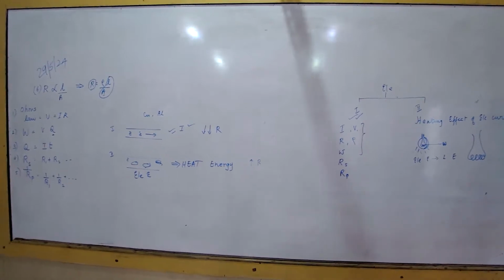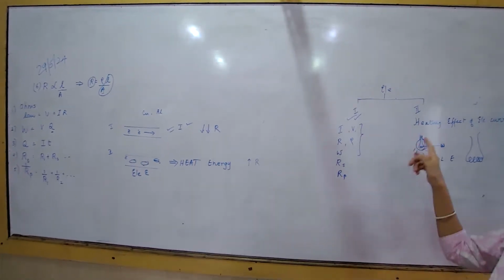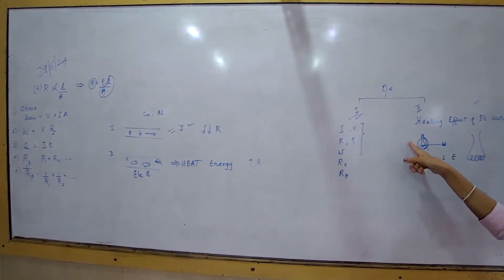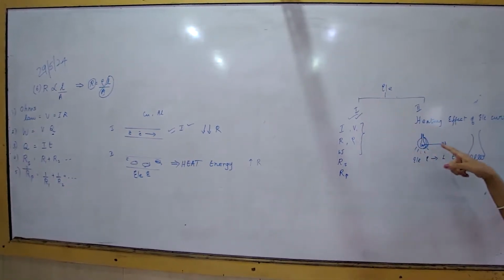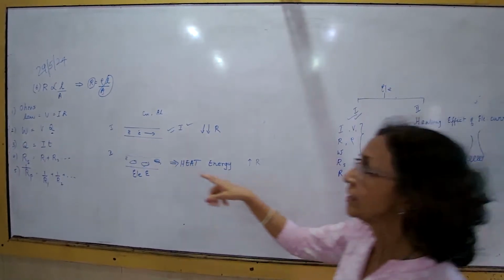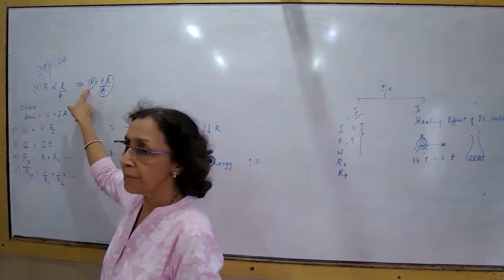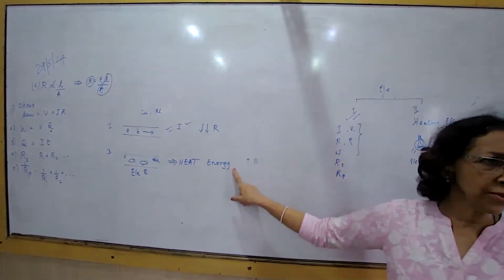Is that okay? So if I'm giving you a question as to how this bulb works, what are we going to say? We are using the principle of resistance by increasing the length and decreasing the area of cross section. You are increasing the resistance. And by increasing the resistance, obviously more heating effect is produced.